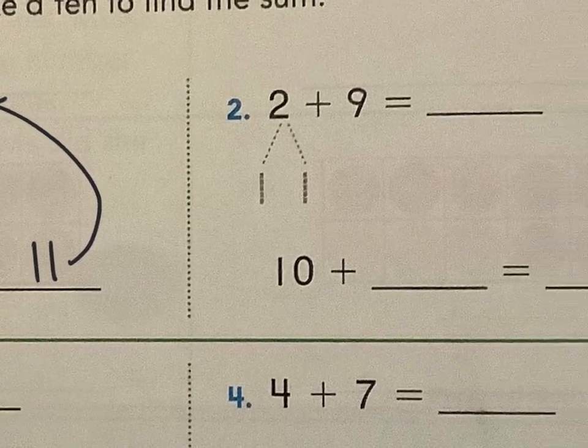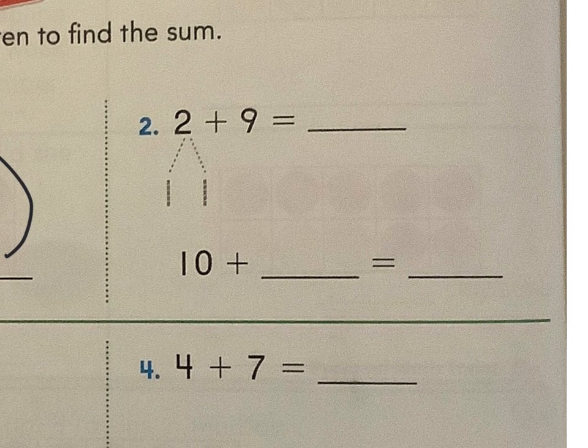Let's look at number 2. 2 plus 9. So even though 9 is our second addend, that number is closer to making a 10. So we want to give to the 9. We want to make a 10 so it's easier for us to add. So how many do we have to give to 9 for it to make 10? 1. So we'll take apart this 2 into 1 and 1.